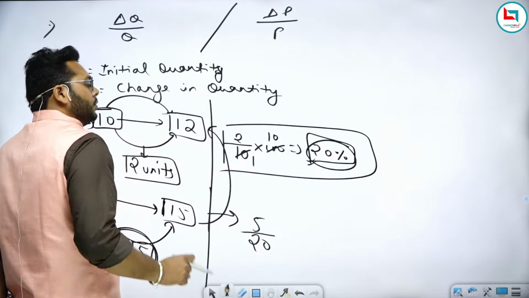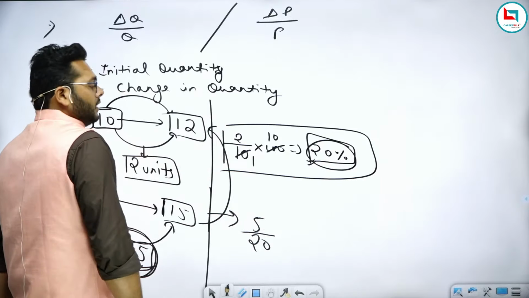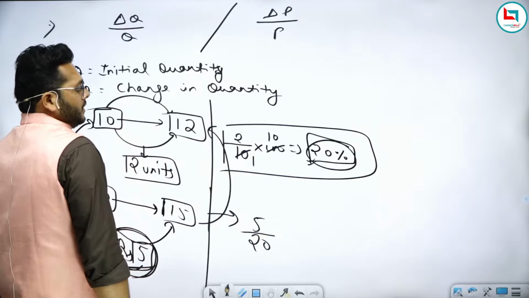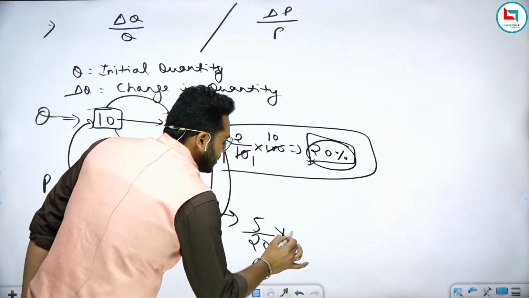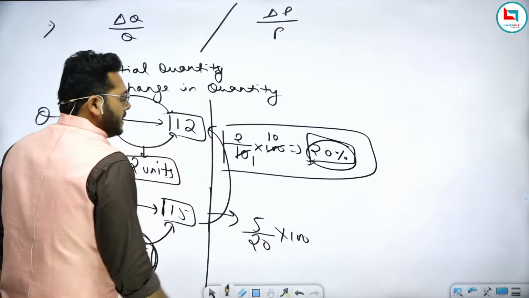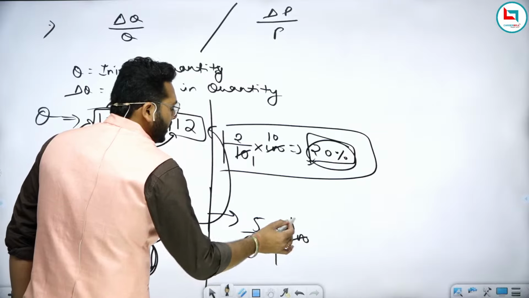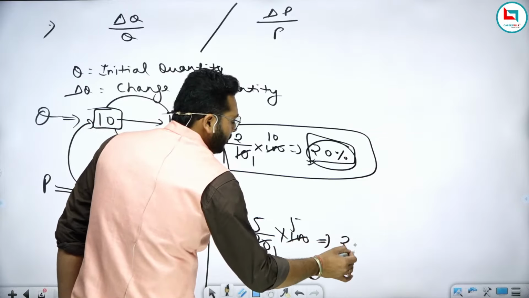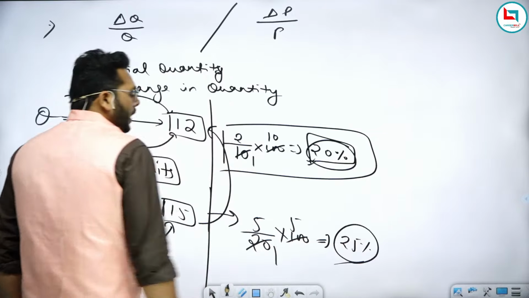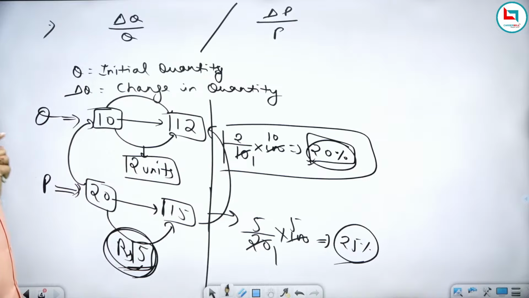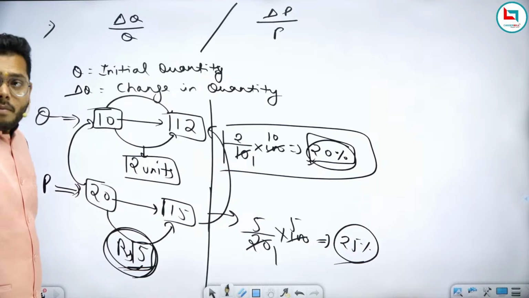So if I ask you what is the percentage change in the price, you will say, sir, 5 upon 20 times 100, there is a change of 25%.